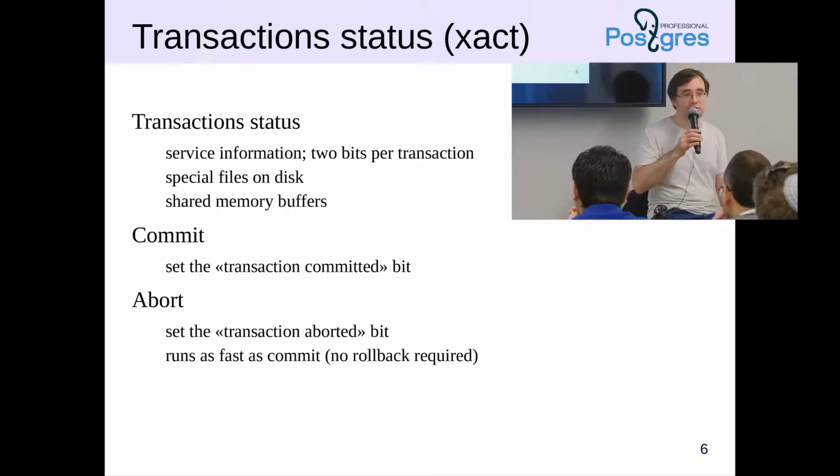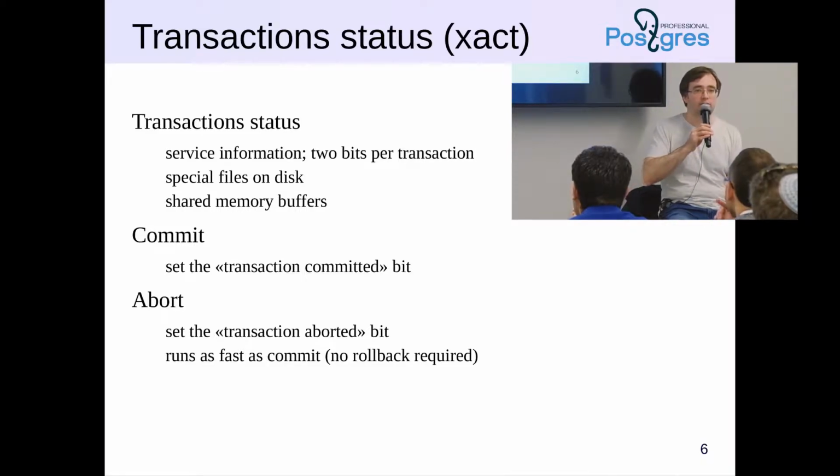To commit a transaction, you just have to set the commit bit for the transaction. That's all. So commit is a very quick process. You don't have to write anything except the write-ahead log, but that's another story.